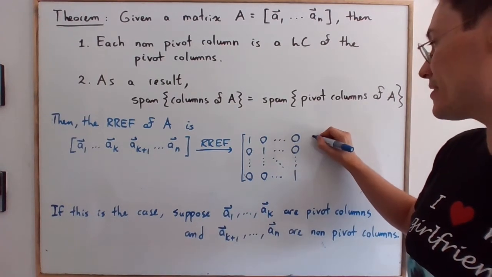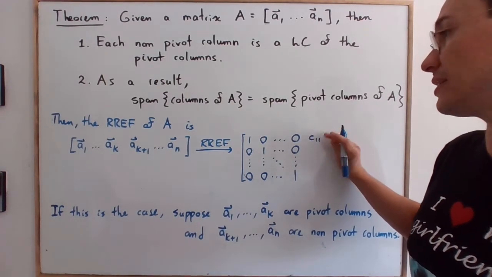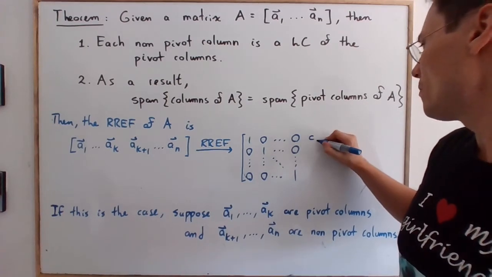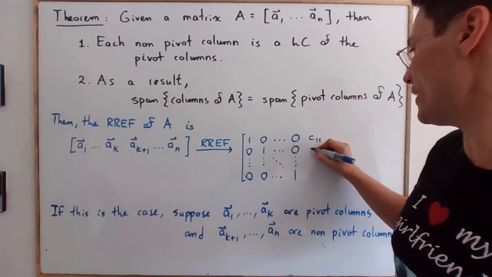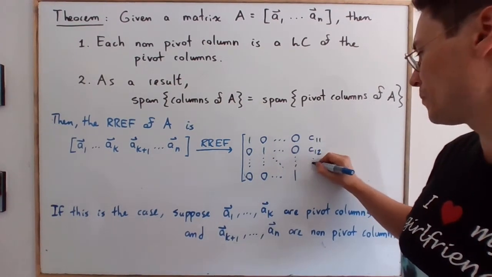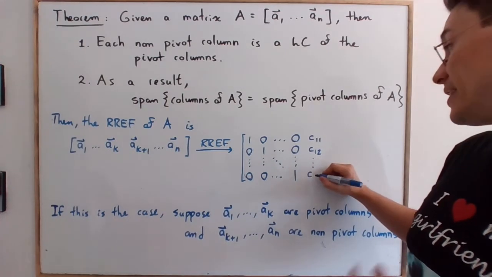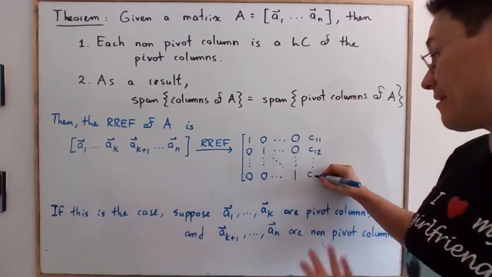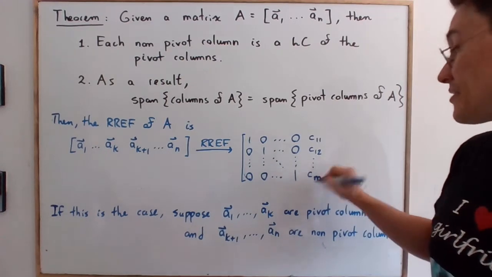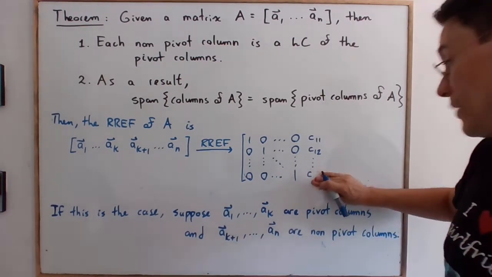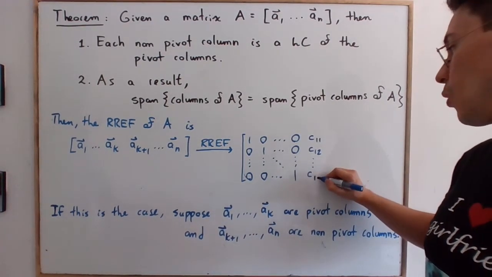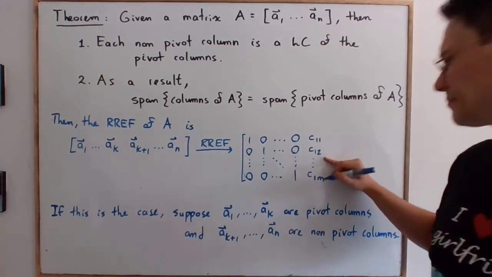And then we have here C11, C12, all the way up to C1m. Let's say that the matrix has m rows.